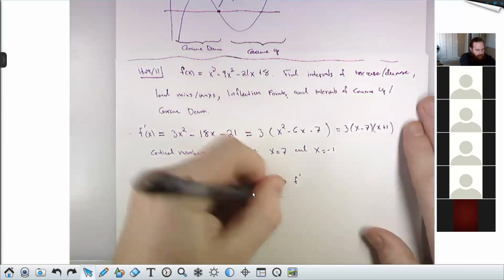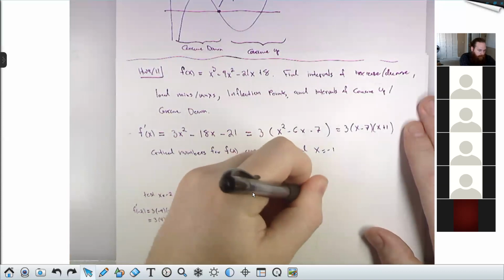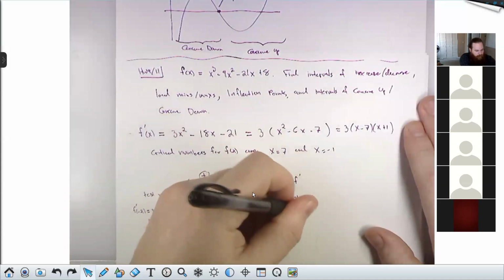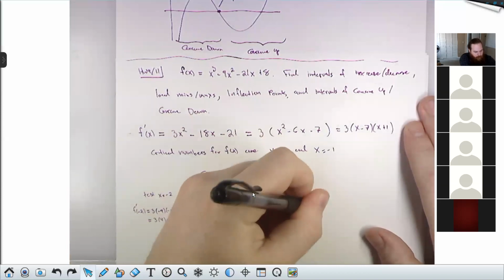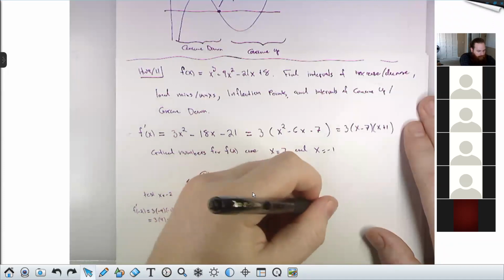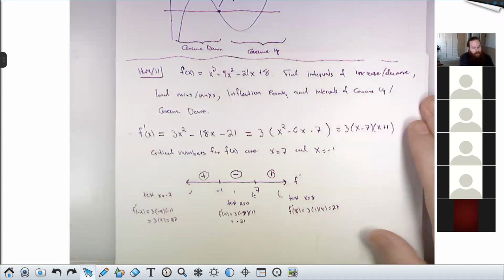And over here, I could test x equals 8. So f prime of 8 is 3 times 1 times 9, which is +27. So f prime is positive here.